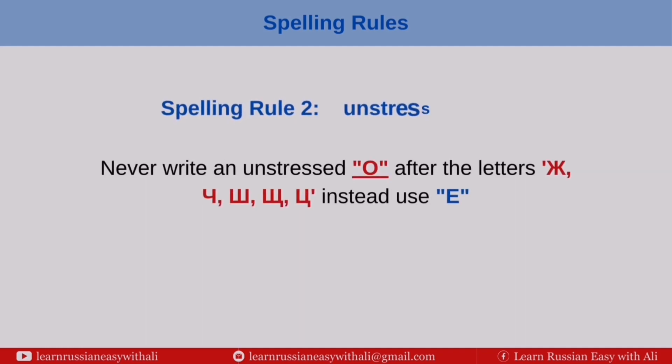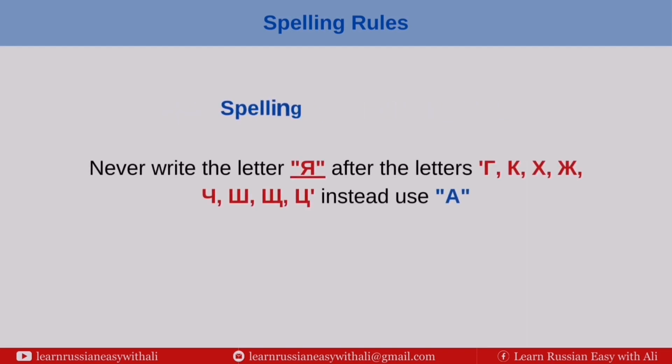Spelling Rule 2. Never write an unstressed О after the letters Ж, Ч, Ш, Щ, Ц. Instead use Е. Spelling Rule 3. Never write the letter Я after the letters Г, К, Х, Ж, Ч, Ш, Щ, Ц.